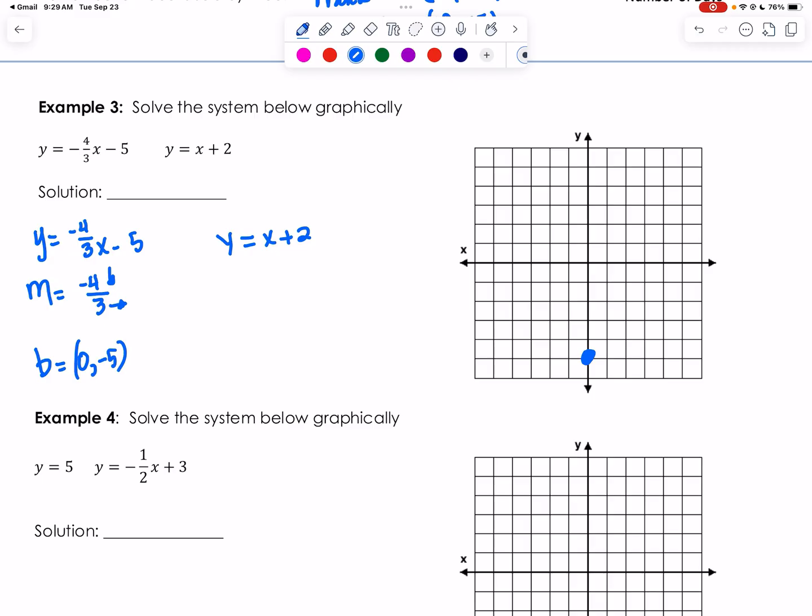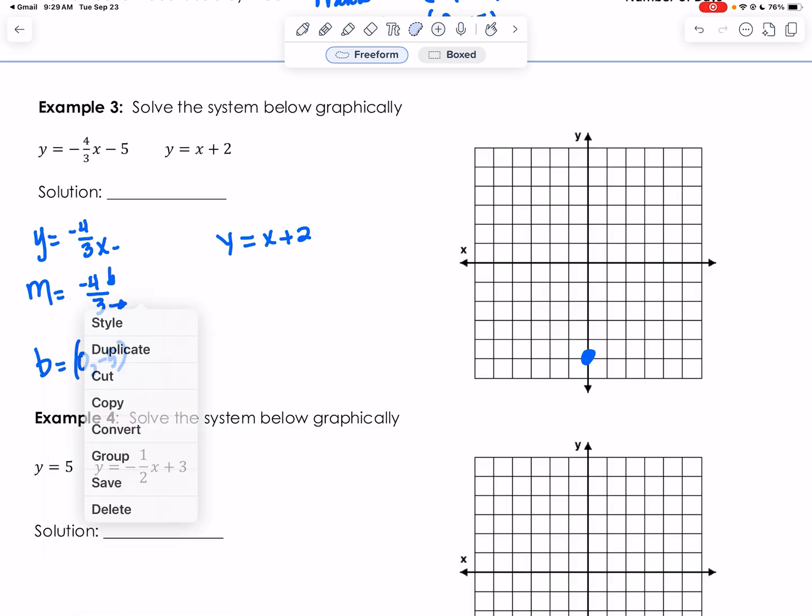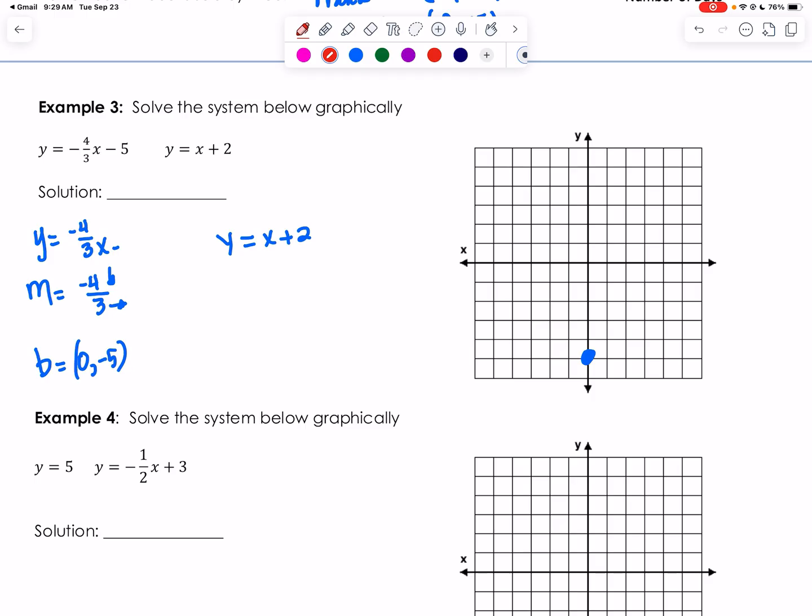So if I can't go down and right, I can go the opposite direction, which would be up and left, and you would still be on the same line.